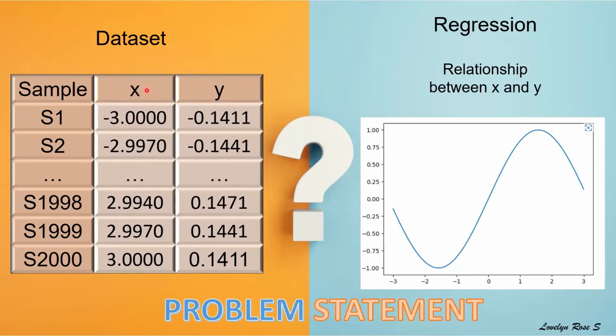So this is my input and this is my output. If I plot my x and the corresponding y, this is the pattern I'm expected to find. So the objective of the code is, given an x and a y, the model should be trained in such a way that it identifies this pattern.